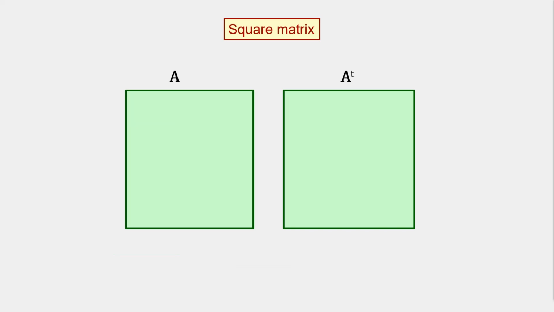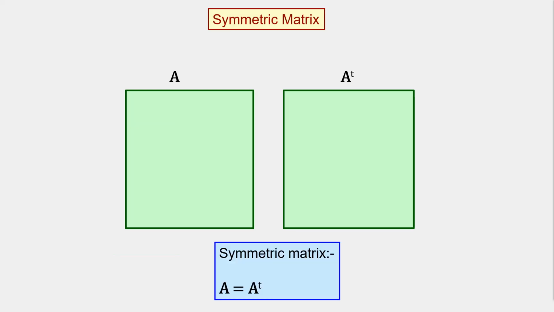A square matrix has the same number of rows as it does columns. A symmetric matrix is a special type of square matrix. A symmetric matrix is such that the matrix is equal to its transpose.